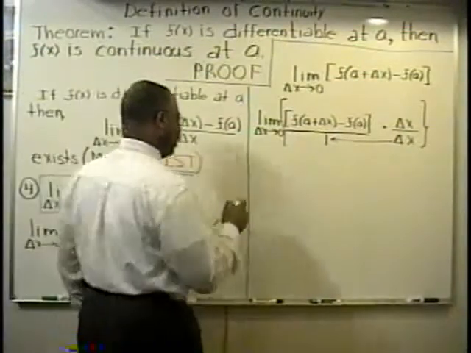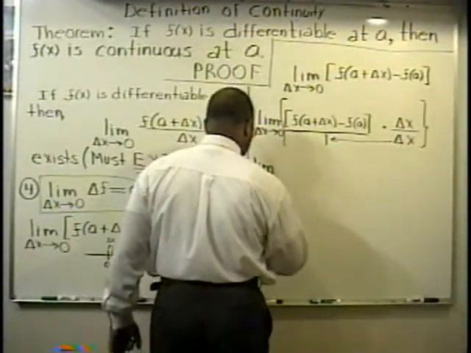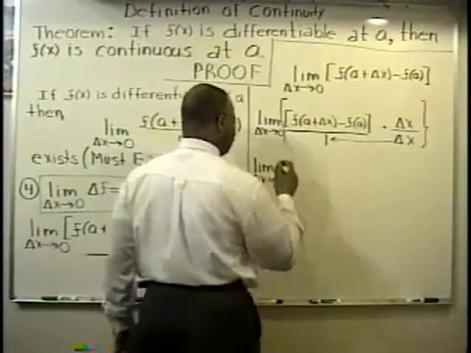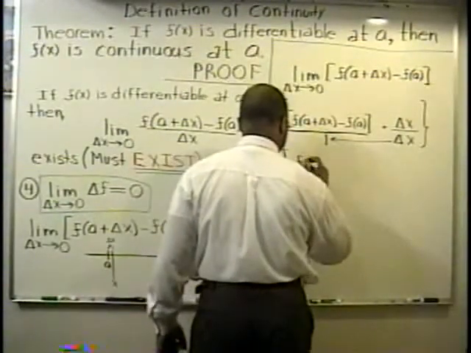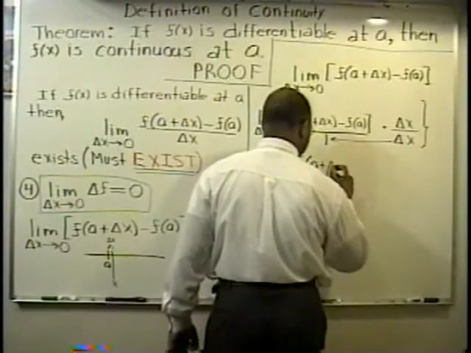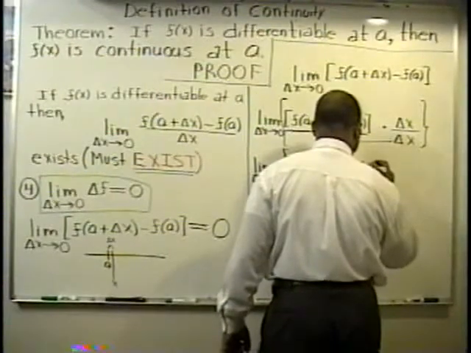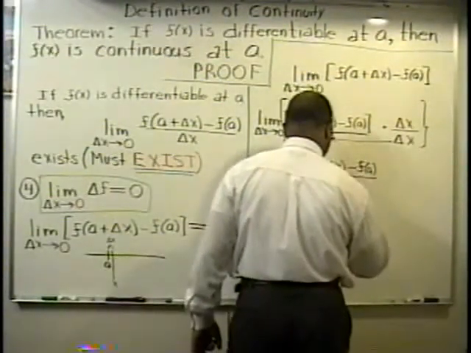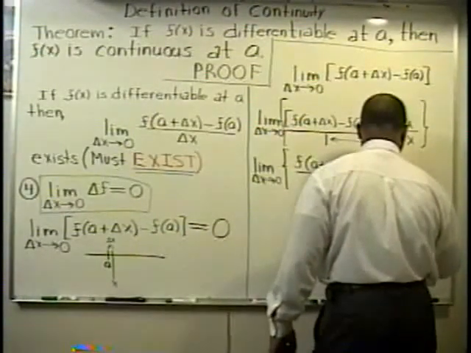Rewriting that, now I have the limit as delta x approaches 0 of, in brackets, f of a plus delta x minus f of a, divided by delta x, times delta x.